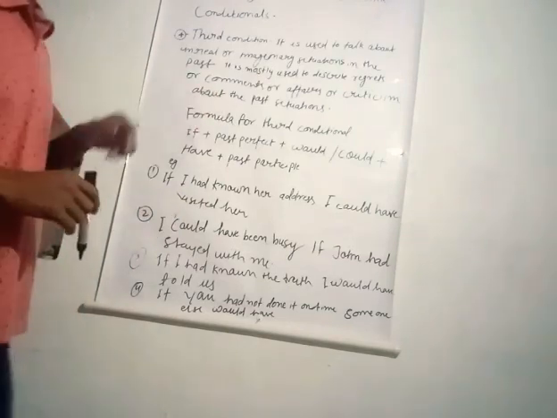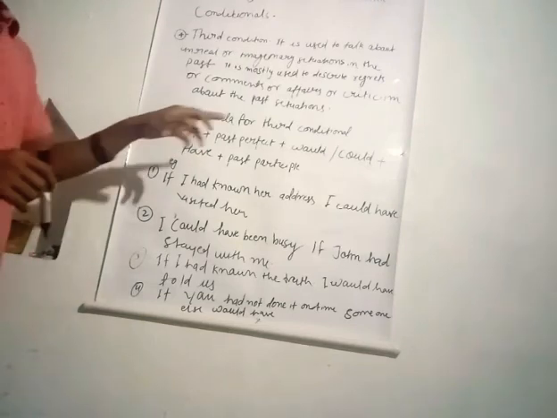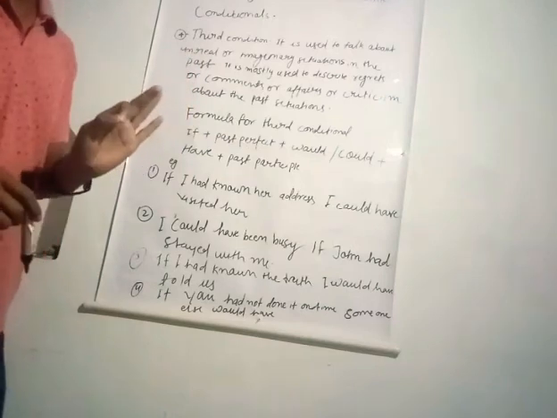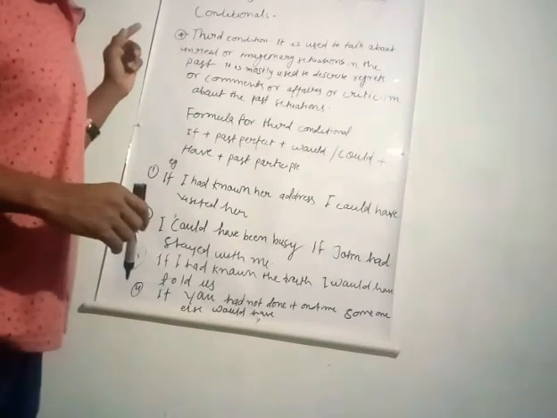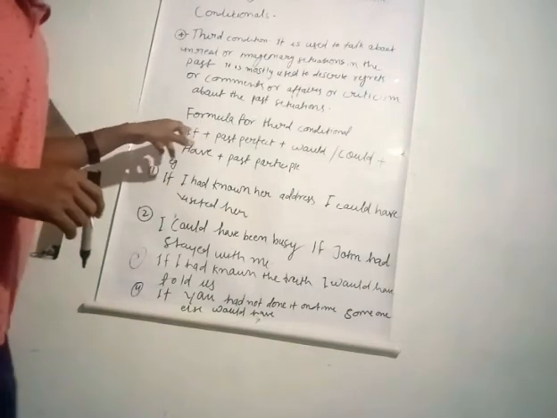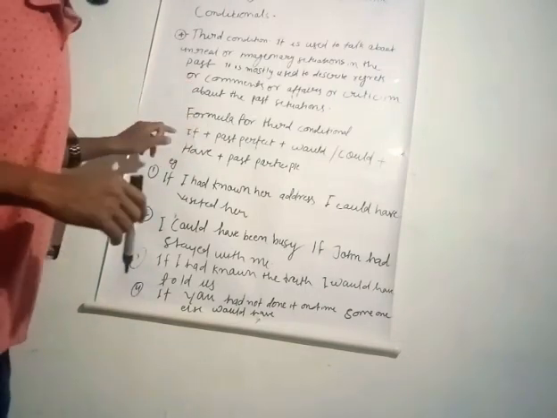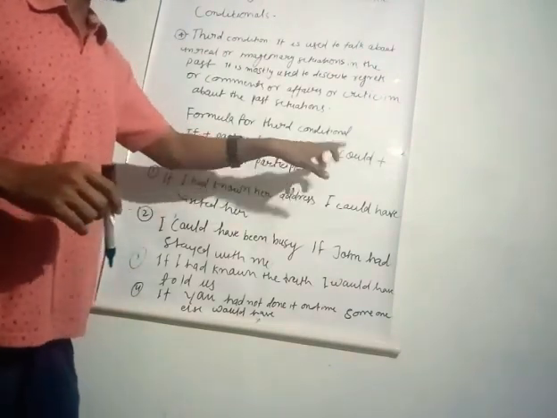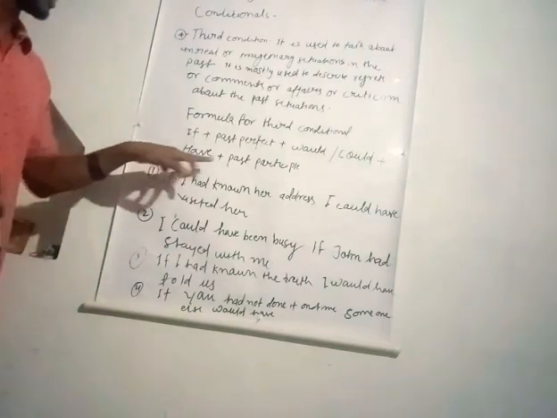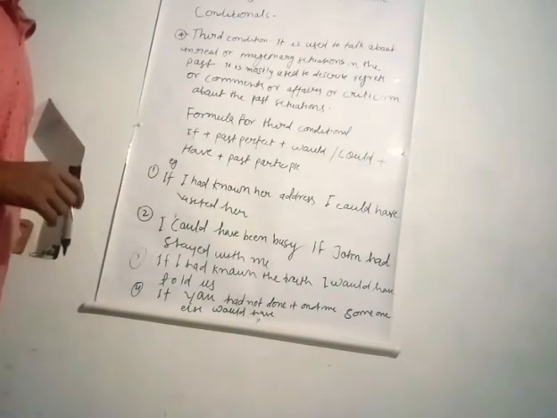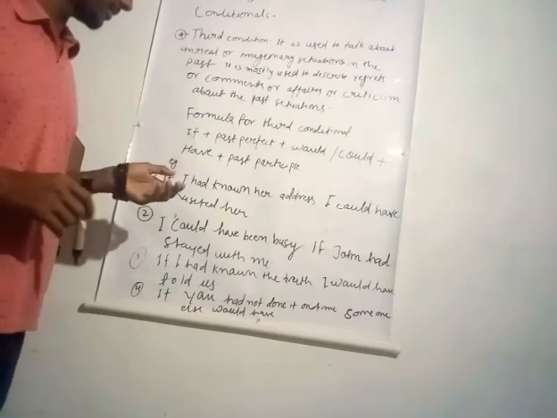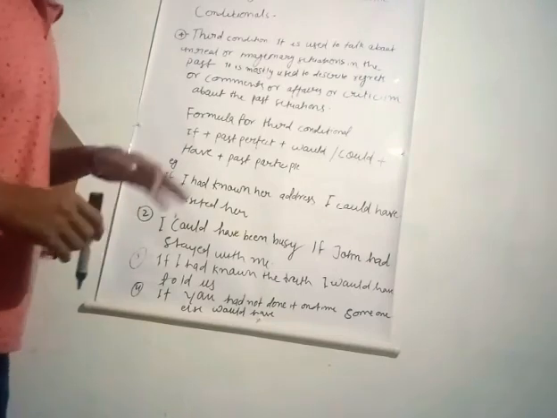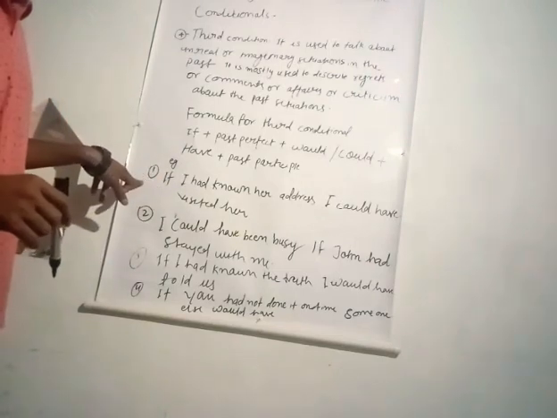What is the formula of the third conditional? In second conditionals we had seen if plus simple past, but in the third we will be using if plus past perfect, plus would or could or a modal auxiliary verb, plus have and the past participle. Let me give some examples so that you can understand better. Here is the first example.